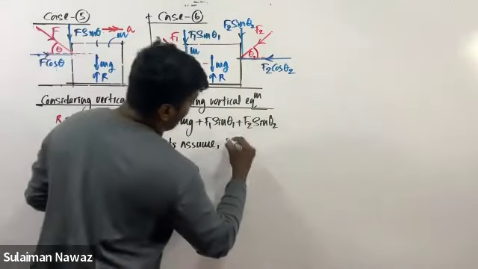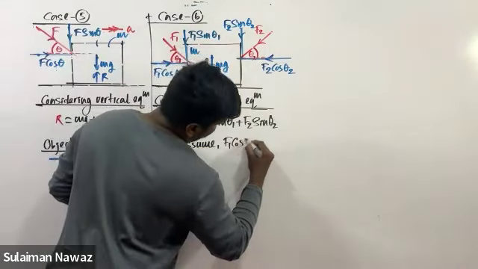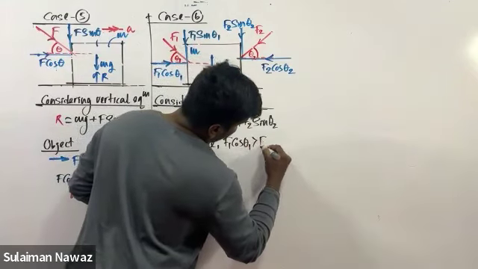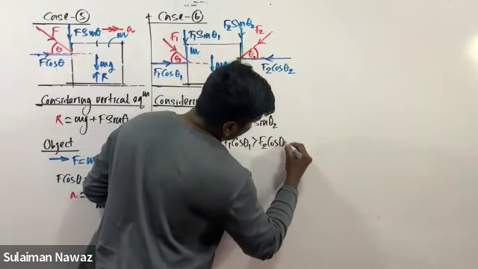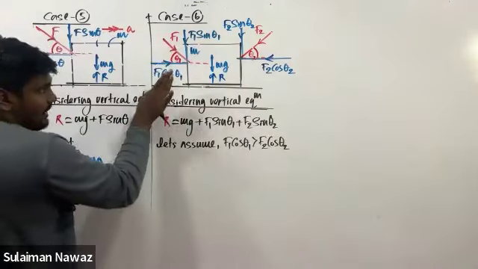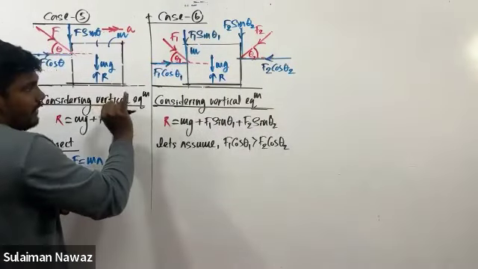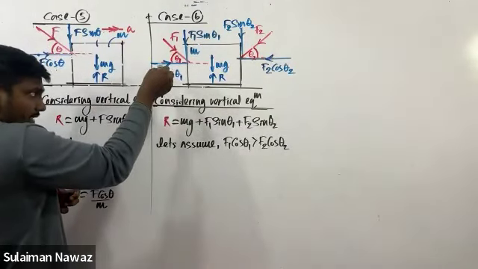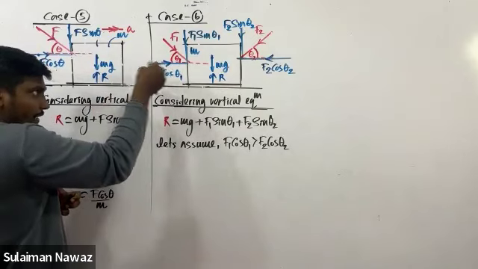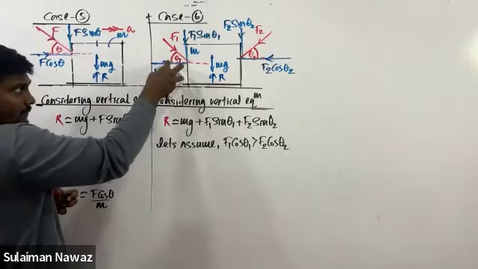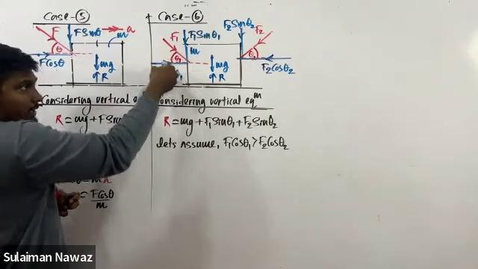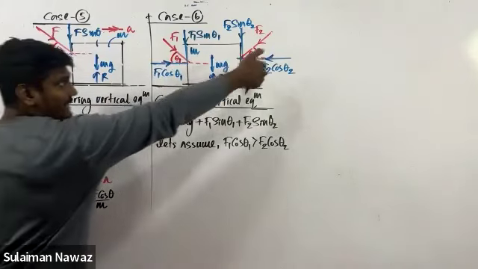Then what is the direction of the resultant horizontal force? Right direction, because this one is larger. This one is like 5 Newtons, F2 cos theta 2 is like 3 Newtons.